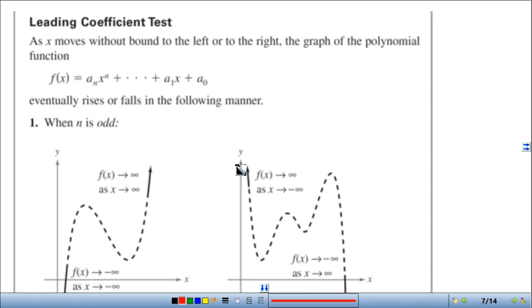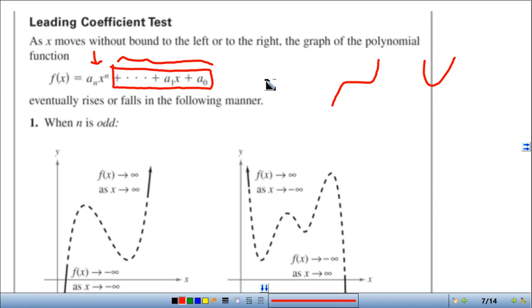Also, what you need to understand is this part here. First off, the leading coefficient determines the basic shape. And when I say the basic shape, I mean it determines if it's going to look like that or if it's going to look like that. The leading term tells you. Everything else here adds wonkiness.